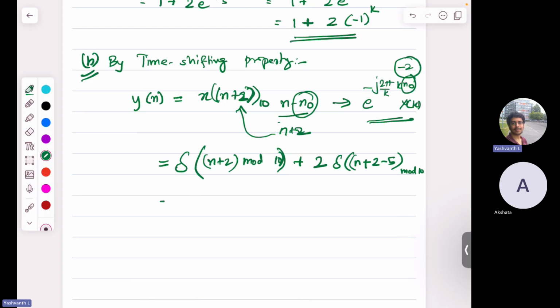So n plus 2 mod 10, can I write this as delta of n minus 8? Can I write it like this?